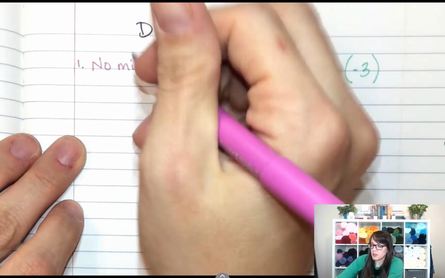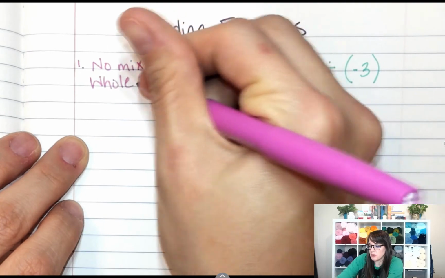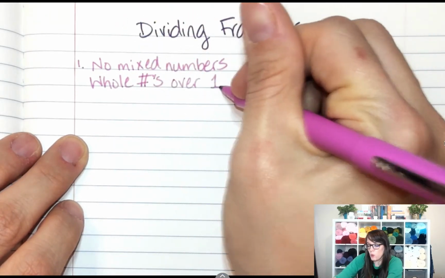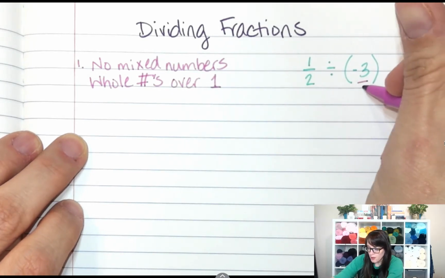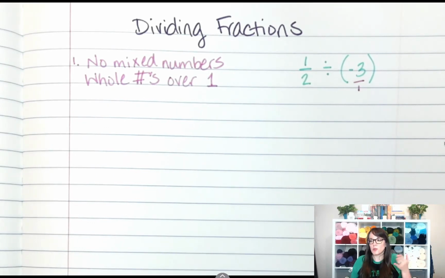So no mixed numbers, and whole numbers go over a 1. So this -3 is divided by 1, because -3 divided by 1 is still -3. We're not changing how much it is, we're just changing what it looks like so that I can flip it over in a second.